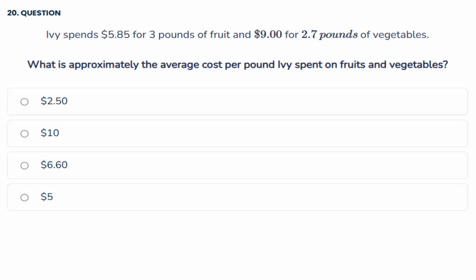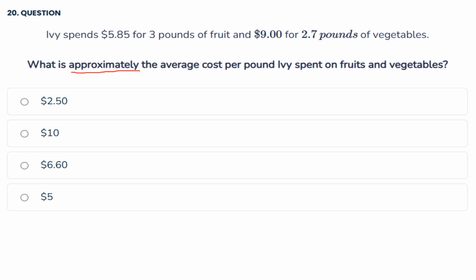What is approximately the average cost per pound Ivy spent on fruits and vegetables? So first thing I notice is the question is asking me what is approximately. So that's kind of important. When it says approximately, that means that there's more than likely going to be some rounding involved.